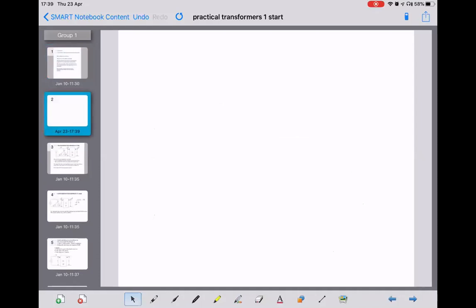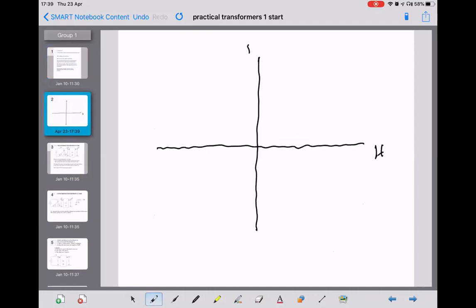If we draw a graph called a BH curve, where B is flux density, and H is applied magnetic field, that's actually in amp terms.